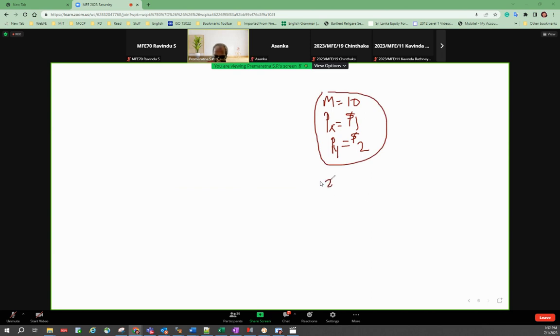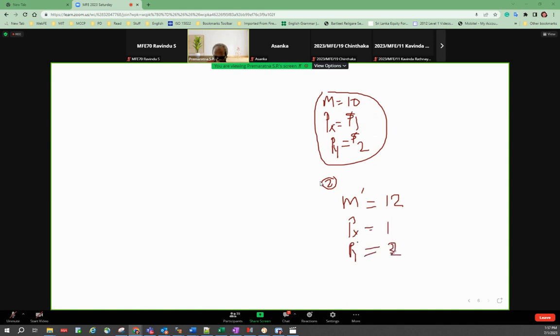Now the second exercise: if the money income increases up to 12, with prices unchanged at 1 and 2.